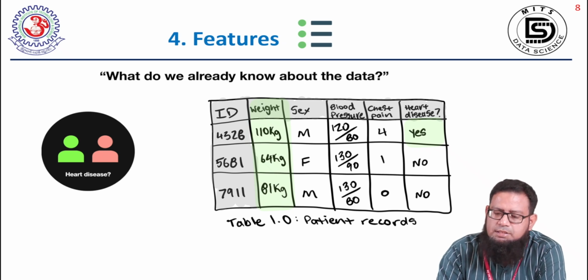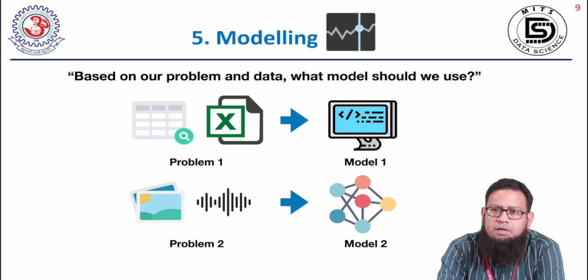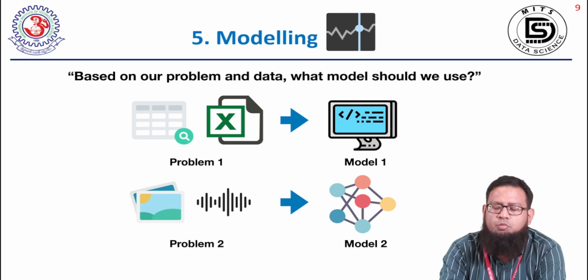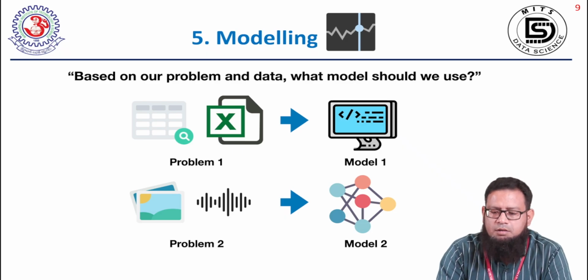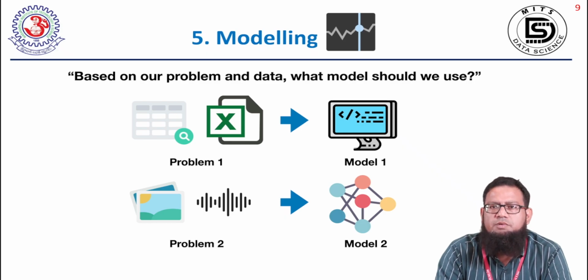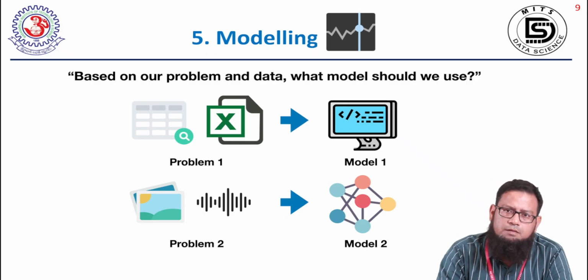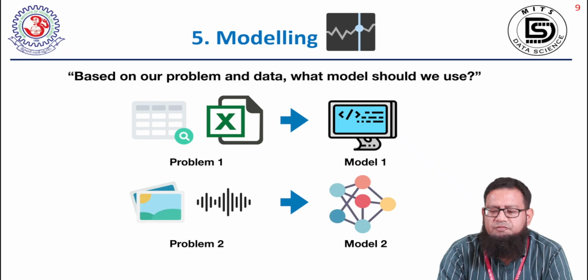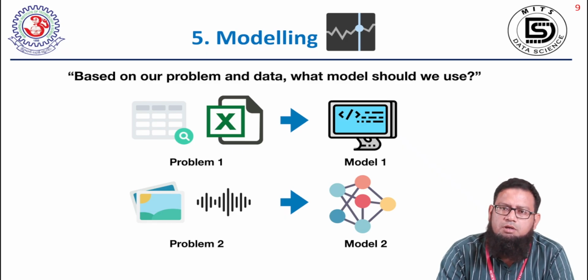Now let us see step 5 of my ML workflow, that is modeling. Based on our problem and data, what model should we use? This is very important because if we have structured data, then we can use certain algorithms, which we are calling model 1.